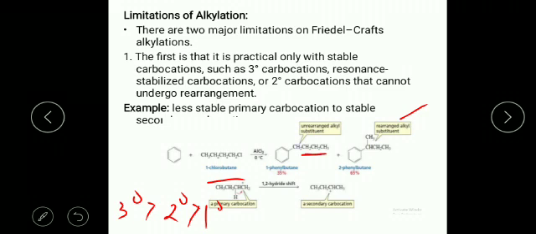It is a primary carbocation, and it also forms 2-phenyl butane. It is a secondary carbocation, and you can see the percentage of formation from the secondary carbocation is 65%, and only 35% is formed from the primary carbocation. This means the reaction is feasible mainly with the secondary carbocation.